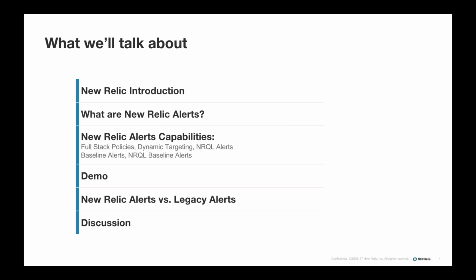And we've written many blogs, and I'll share links to those blogs as we go through. And once you've seen the goodness of New Relic Alerts and its new capabilities, then I'll compare and contrast New Relic Alerts with legacy alerting. If you're using legacy alerting, you must have received communication that legacy alerting is reaching end of life. So we'll talk about the legacy alerting end of life timeline.